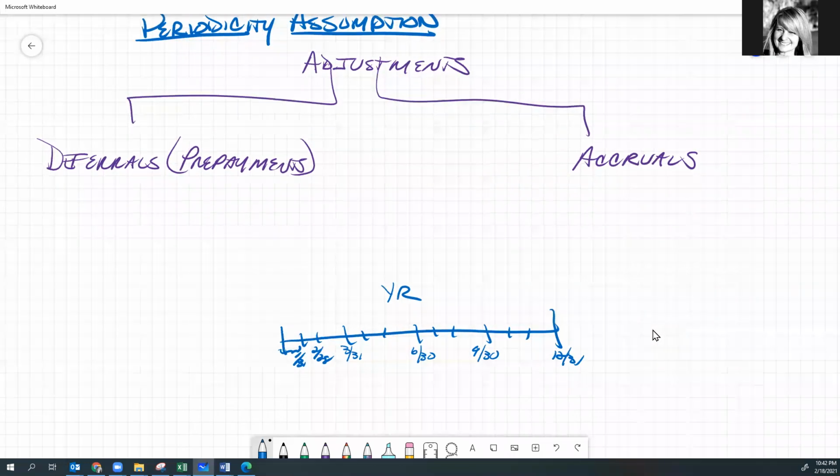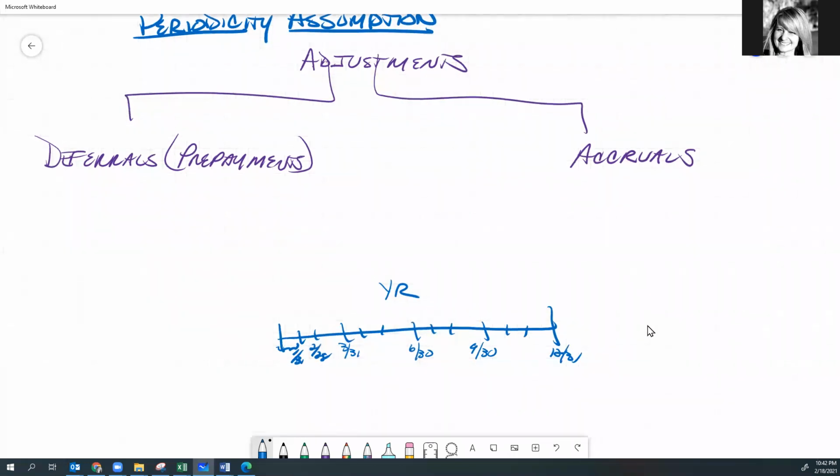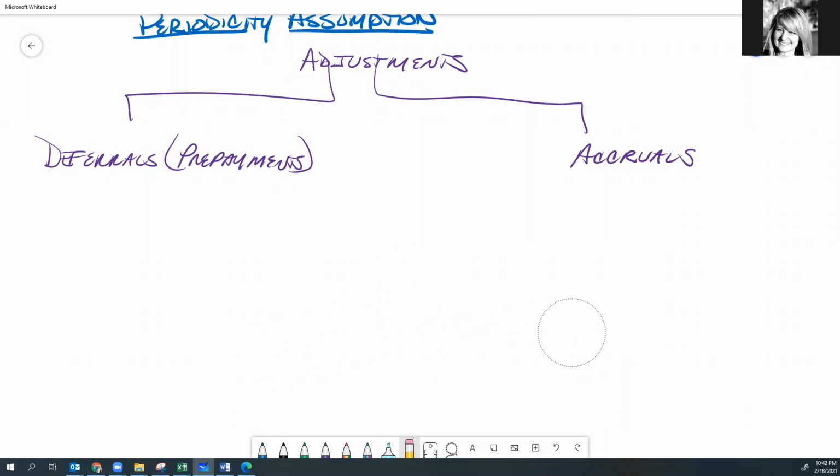So we have these adjusting journal entries because of this assumption. What's happening is, if we're reporting monthly, and this is January, we have some transactions that affect both January and February.